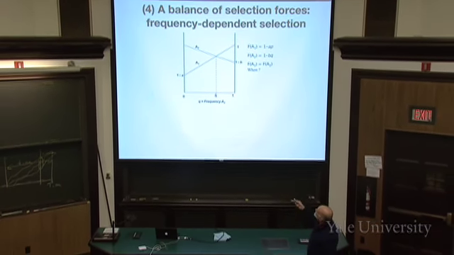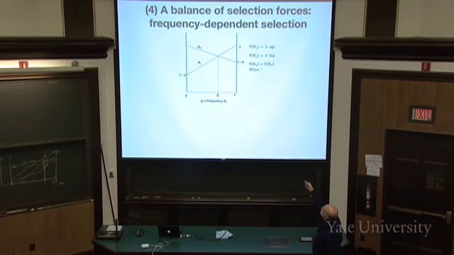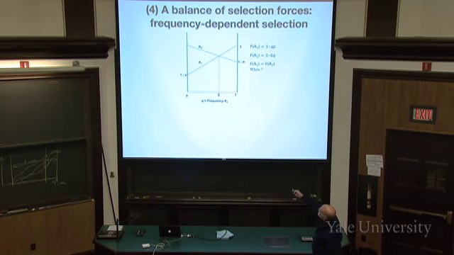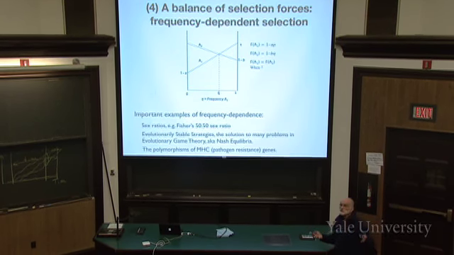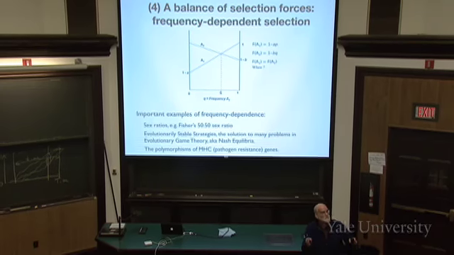And I think that you can see intuitively from this diagram that at equilibrium, they will stop changing when their fitnesses are exactly the same. Now, there are some interesting examples of this sort of thing. One is Ronald Fisher's classical argument on why 50-50 sex ratios are so common, why in many populations we see half females and half males.